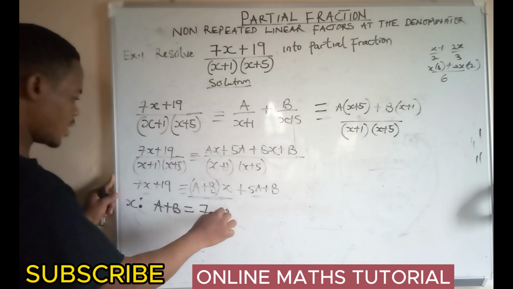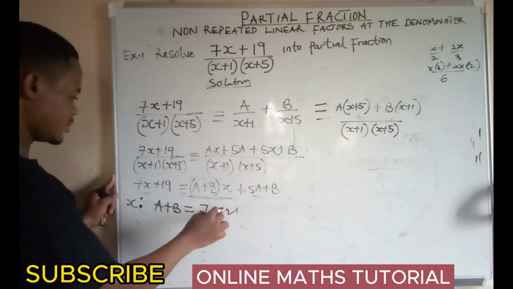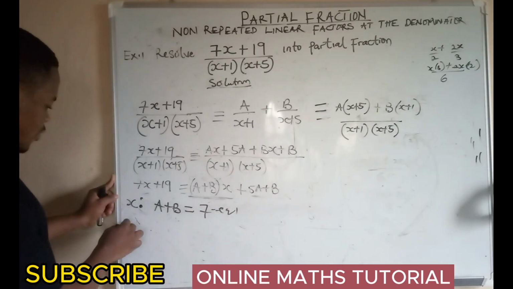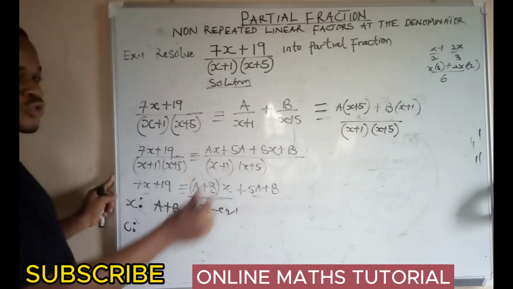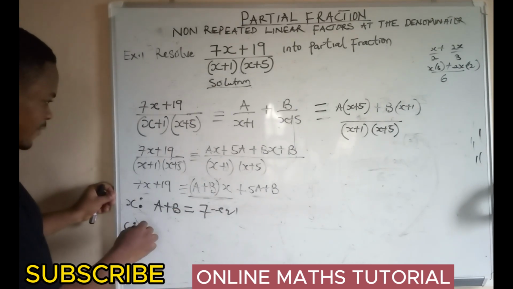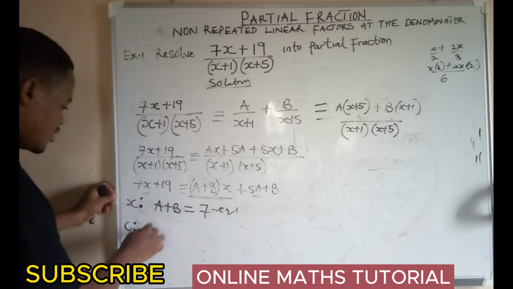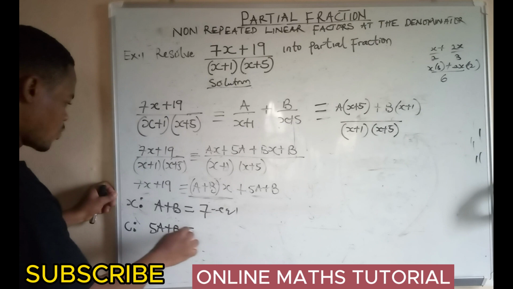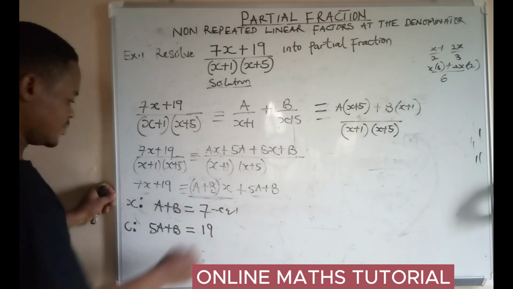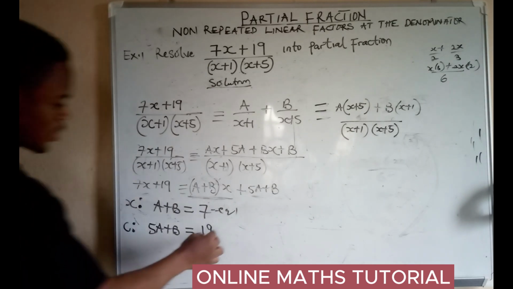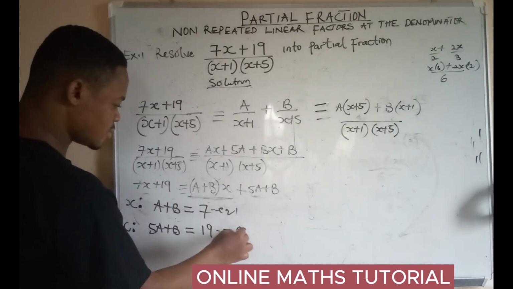This is equation 1. And for the constants, those without x, we have 5a plus b is equal to, the constant here is what? 19. So we can call this equation 2.